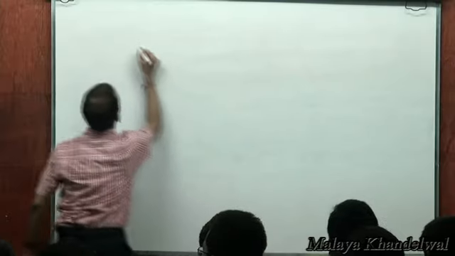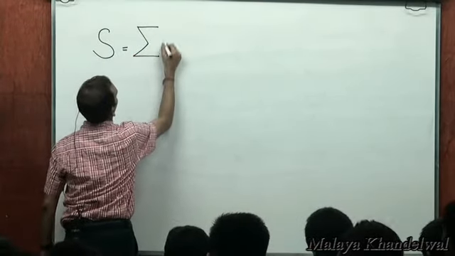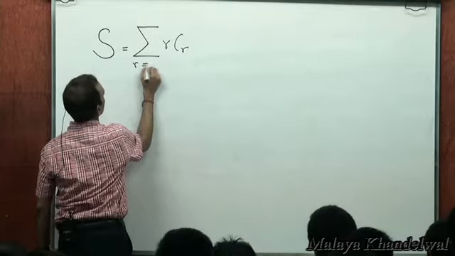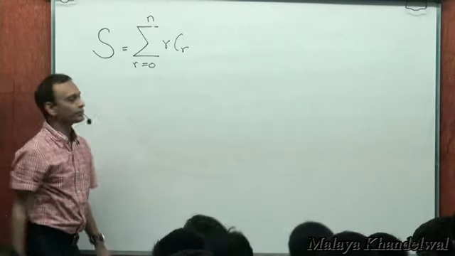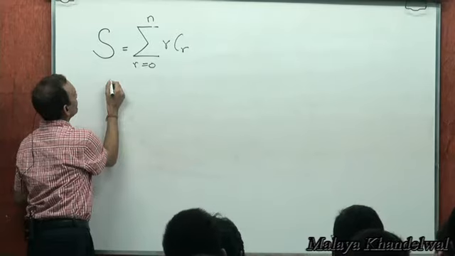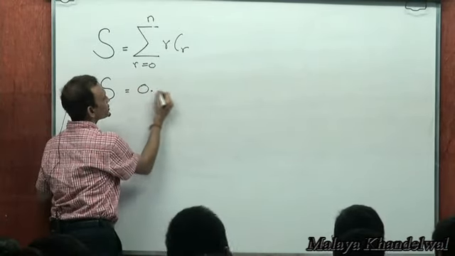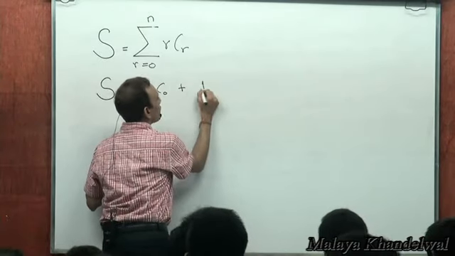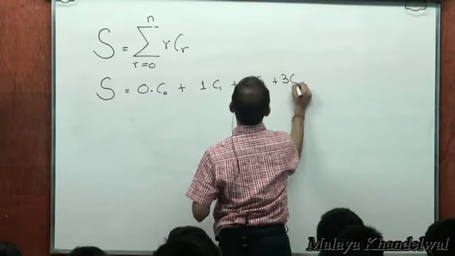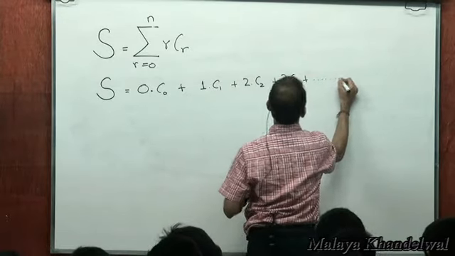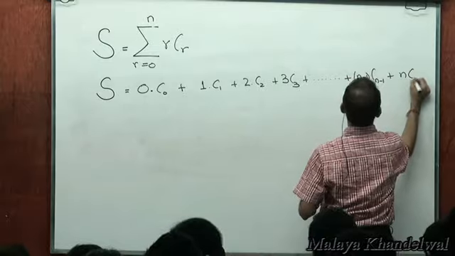S, the summation that we are seeking, summation r into nCr, r equal to 0 all the way to n. This is S, which is 0 into C0 plus 1 into C1, 2 into C2, 3 into C3, n minus 1 into C n minus 1, n into Cn.